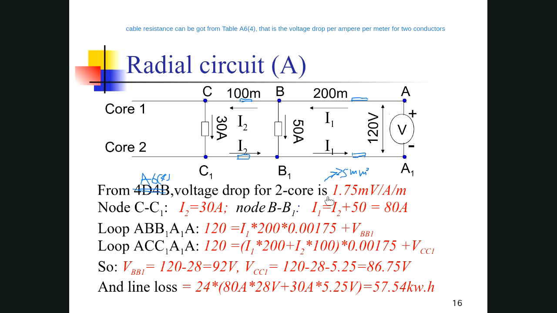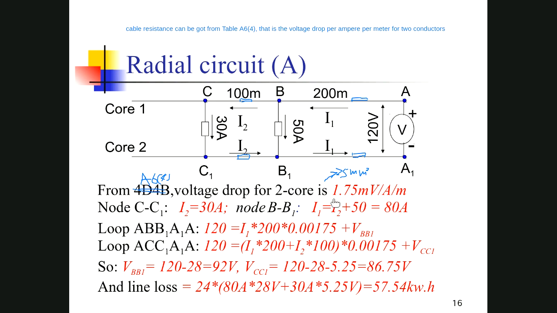Please check in the tables for the 25 square millimeter two-core armored PVC cables, copper materials. Okay, so you can find out the readings of it.